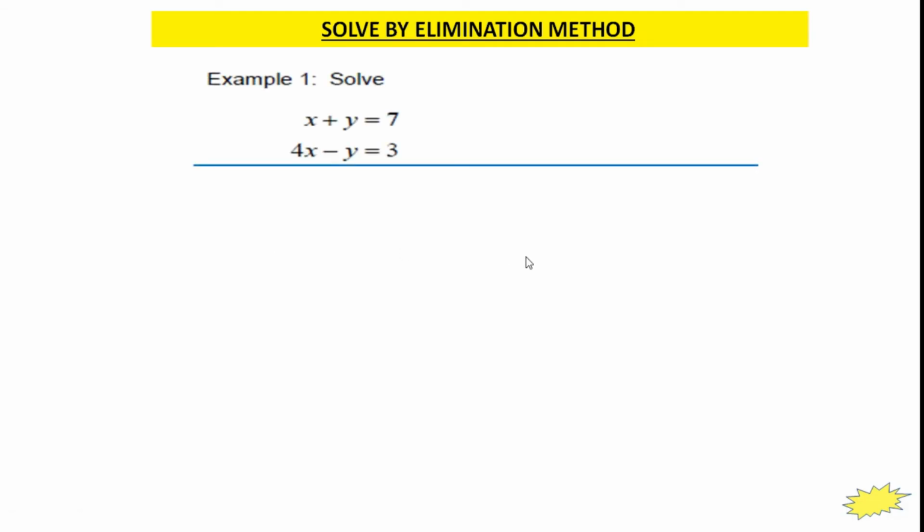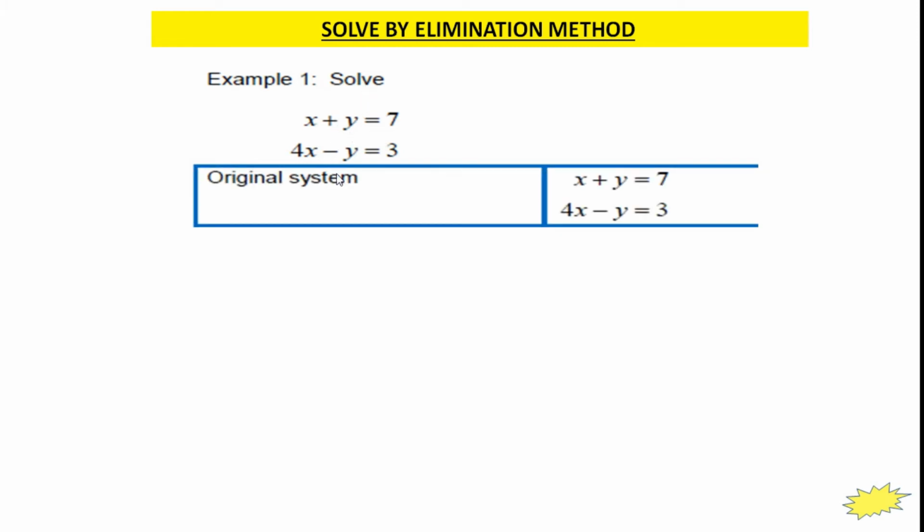In elimination, it is important that the coefficients of at least one variable in both the equations should have the same absolute value. What do I mean by the same absolute value? Here the coefficients are 1 and 4. These are not the same absolute values. But here it is plus 1 and minus 1, and the absolute value we consider without the sign.